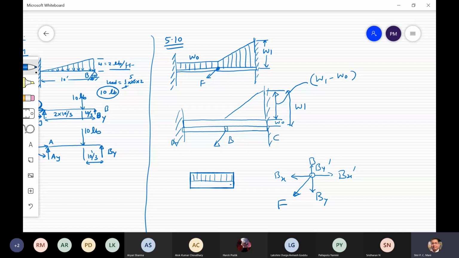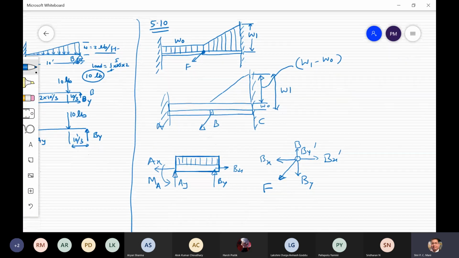And here, for example, I am taking this Bx and By, and here you will have this Ax, Ay, and a moment at A, clear?